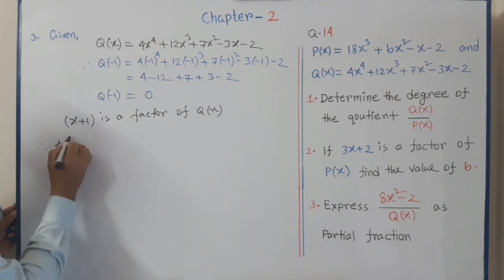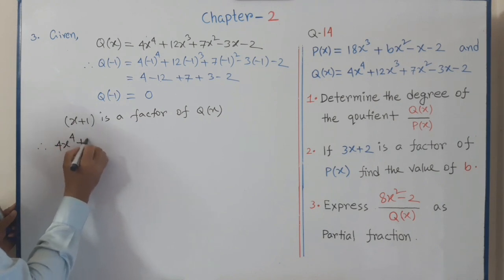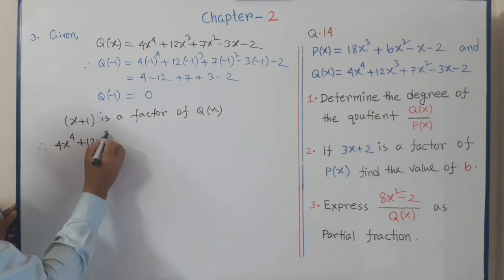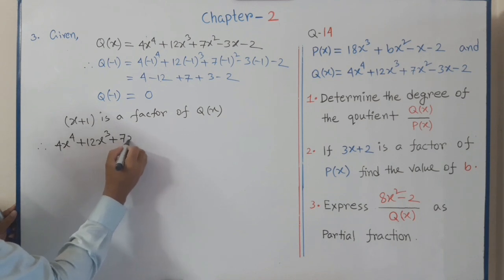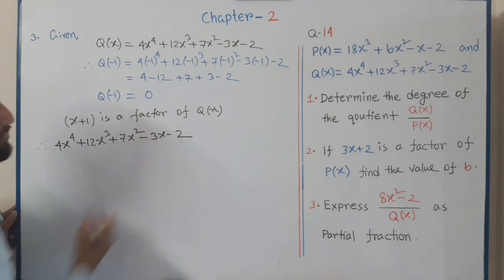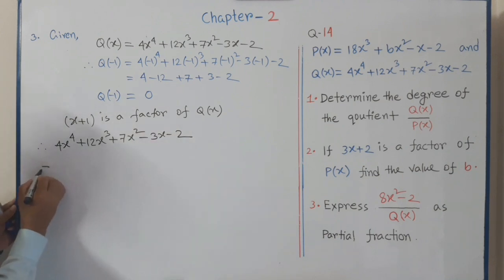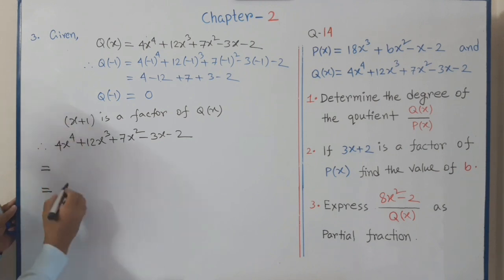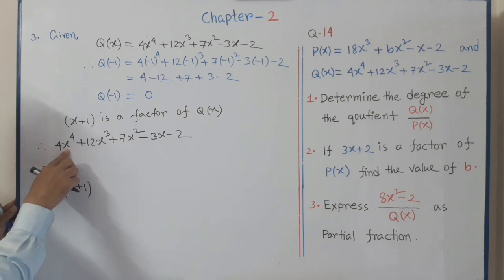Write down the polynomial 4x^4 + 12x^3 + 7x^2 - 3x - 2. Now skip the second line and in the third line write down the factor 4 times, because here the highest power of x is 4.